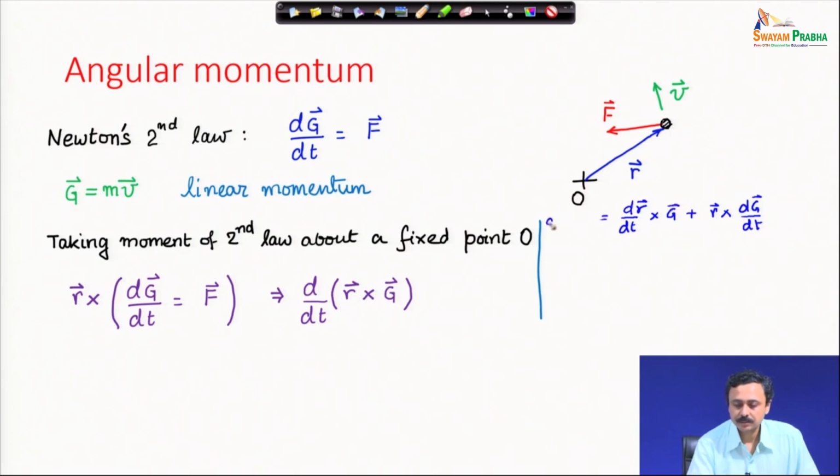This is d/dt of r cross the linear momentum.